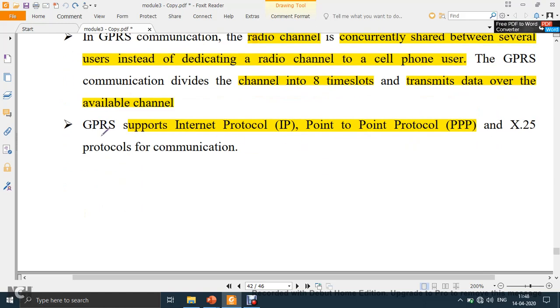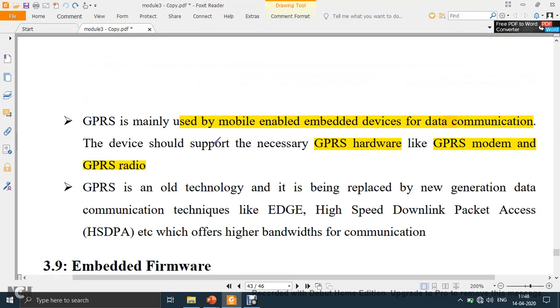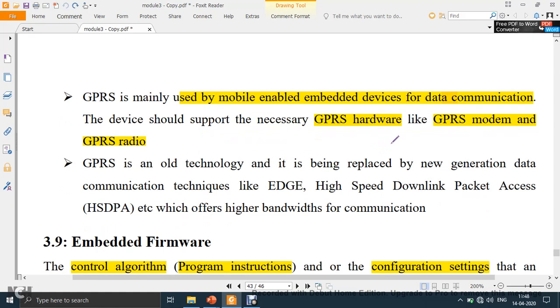Next, GPRS supports IP, similar to Wi-Fi, and it supports point-to-point protocol. It is used by mobile-enabled embedded devices. This was a very popular means of communication in early days, but not now. GPRS hardware uses a GPRS modem, so a modem is required here, and a GPRS radio. Radio, as I told, is an antenna.